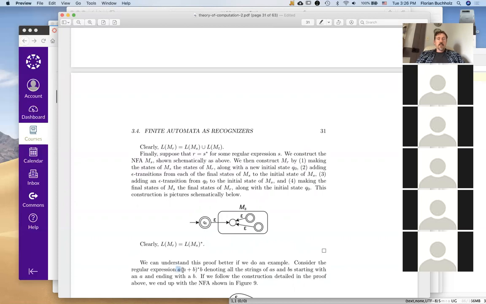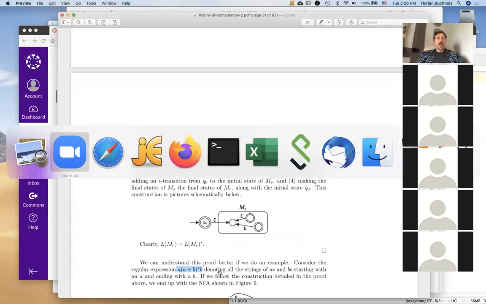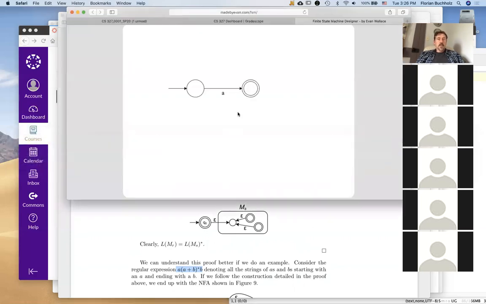All right, so now if we had a regular expression like this, how do we actually build an NFA for that? Well, the order in which you do stuff doesn't necessarily matter.